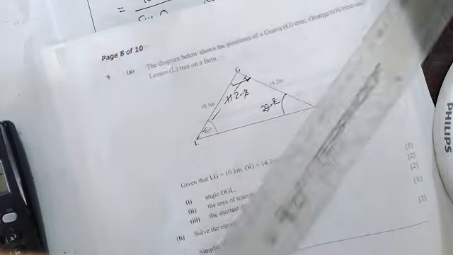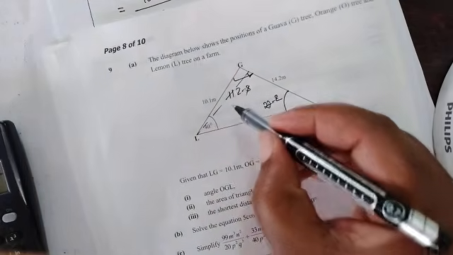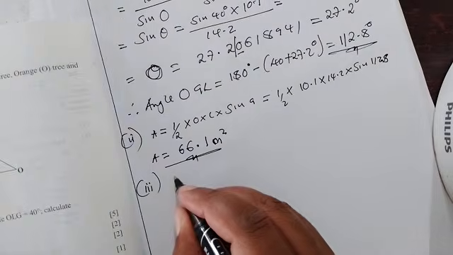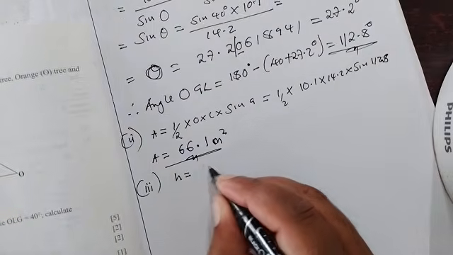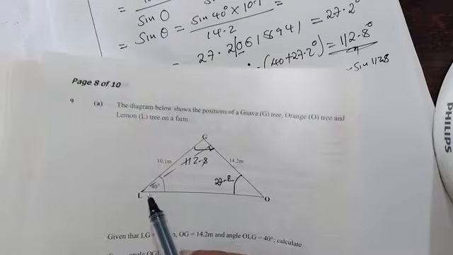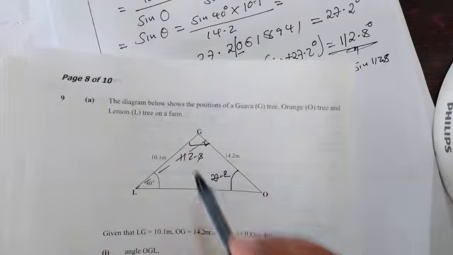So we want that shortest distance from L to OG. So the formula for finding that is h is equal to 2A over what? Your base. In this case, since we are starting from here, coming here, your base is this one, right? Your area is the one that we have found.